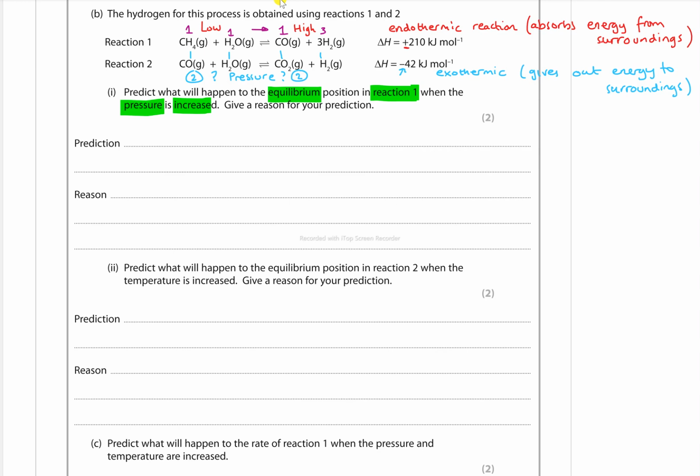Right, so in reaction 1, if you increase the pressure, the system wants to go to the low side. So the yield, this thing here, will shift to the left. So the equilibrium shifts to the left.